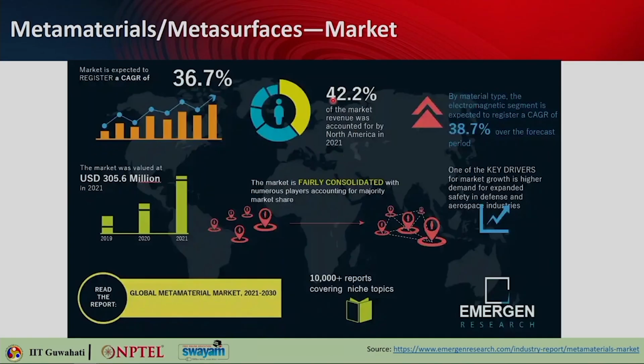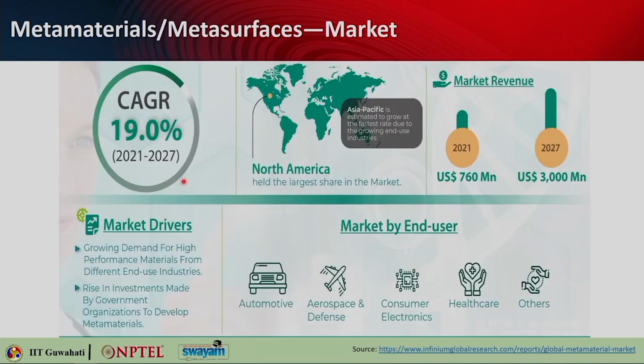Almost 42% of the market is in North America, but with the interest in communication applications in defense and aerospace, there is a huge drive towards metamaterials and metasurfaces. So you can expect by 2027 a 19% growth rate in the overall market of metamaterials and metasurfaces. Asia Pacific is also expected to grow at a faster rate because of the growing end user industries.